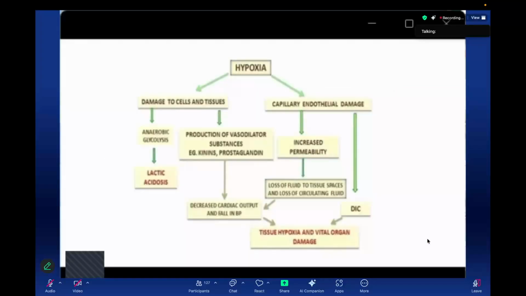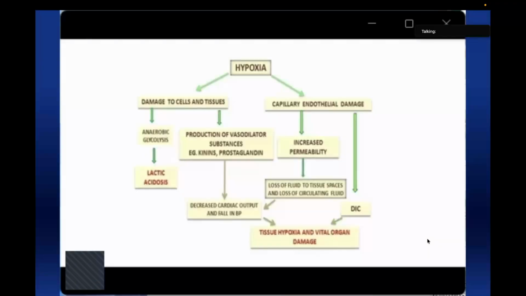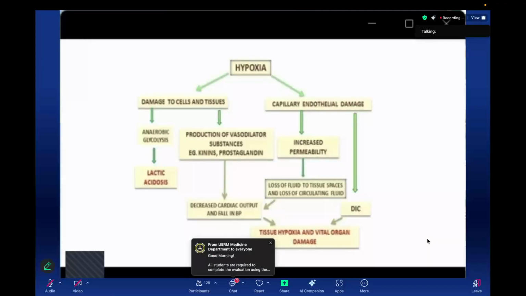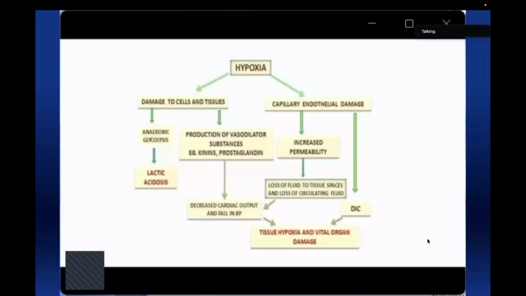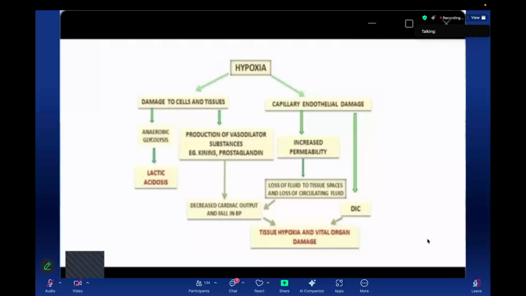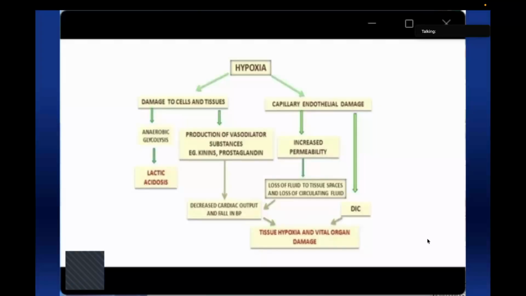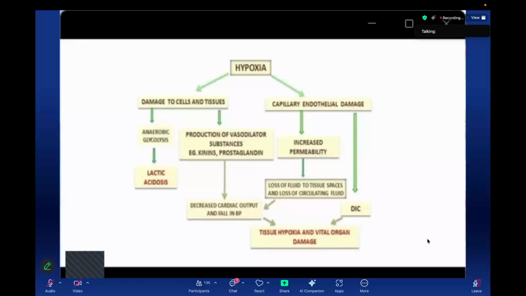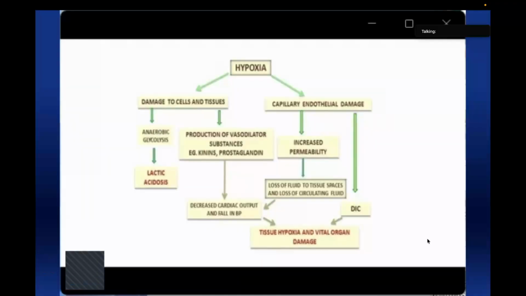So here is what happens to your tissues if you have persistent hypoxia. When you have hypoxia, you have damage to your cells and to your tissues. Significant hypoxia leads to anaerobic glycolysis, leading to lactic acidosis. Also, there will be production of vasodilator substances like prostaglandins and kinins that would eventually decrease your cardiac output and cause a fall in your blood pressure.